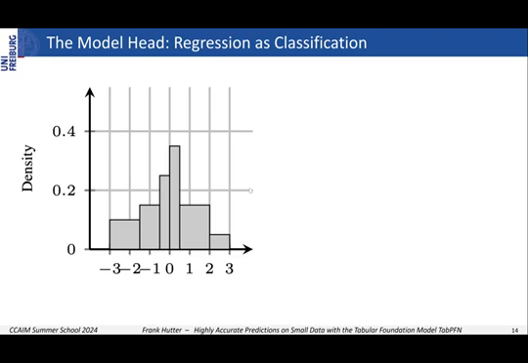So we bin our output space, and we do that actually by samples from the prior. So we have 10 million samples from the prior, we push them forward, and then we take the 10,000 lowest predictions, put them in the left bin, the next 10,000 into the next bin, etc. So these bins here are of varying size, and they're adaptive to the data.